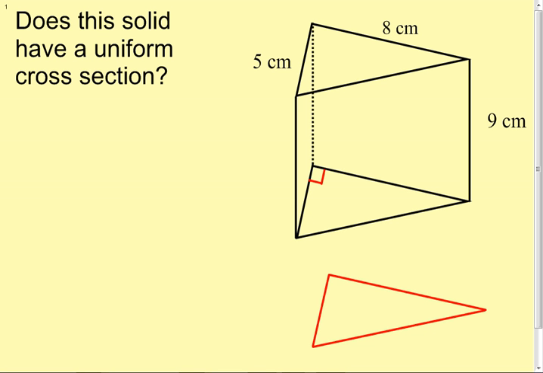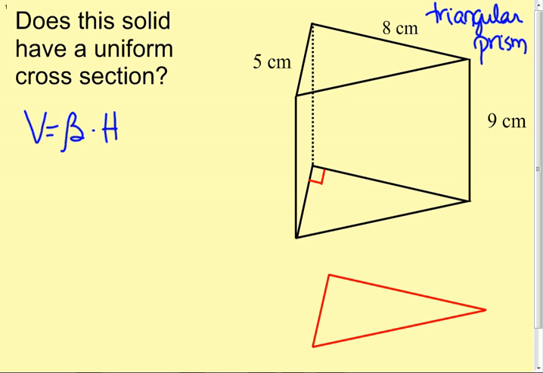What's that called? Very good. 5 times 8 times 9 divided by 2. So the volume is the area of the base times how tall it is.